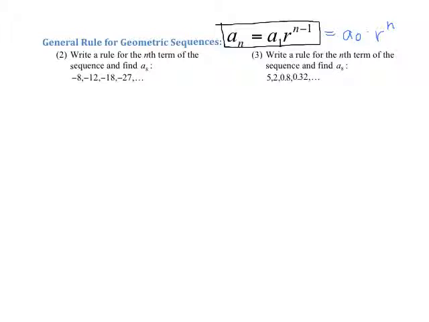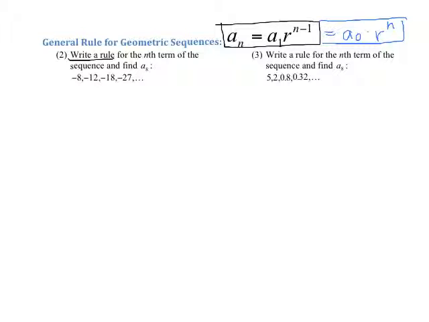And so we'll use both of those templates as examples today, but personally I use the template in blue a little bit more often. So in this first example here, the sequence of numbers starts with -8 and then goes to -12, -18, -27, and in order to write a rule for this particular sequence, we need to use one of the templates.